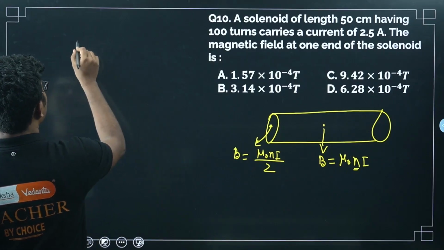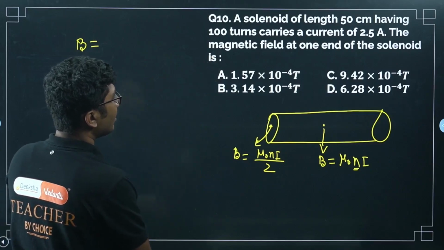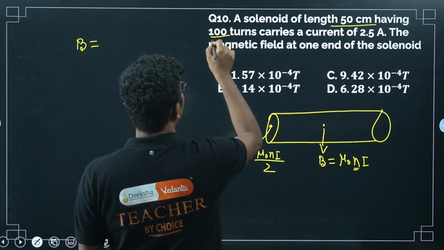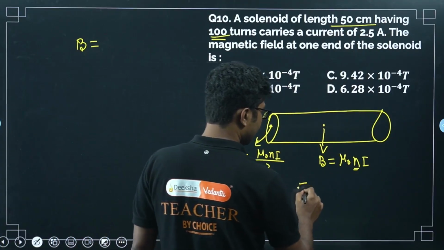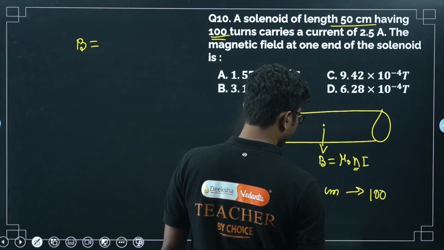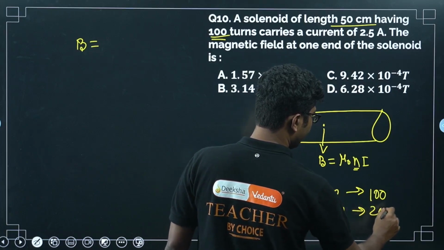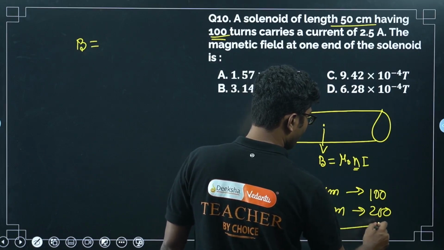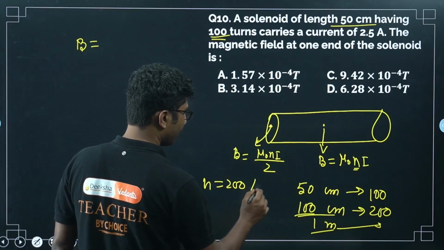Now what is the length? Length is 50 centimeter and turns is 100. So for 50 centimeter length, number of turns was 100. For 100 centimeter length, number of turns should be 200. Now 100 centimeter means 1 meter, right? So the number density small n is 200 per meter.